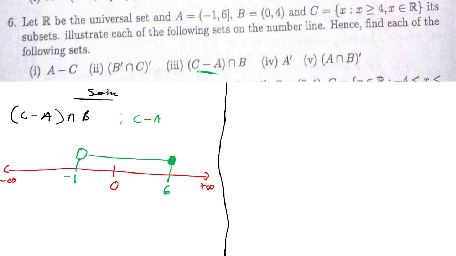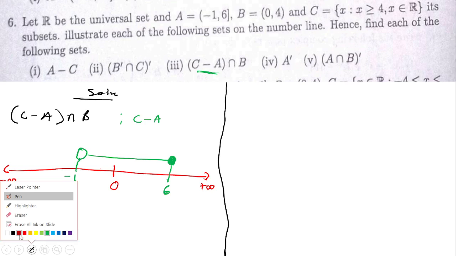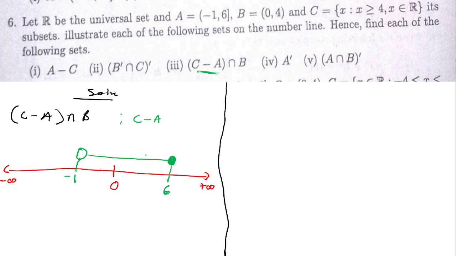And then set C, I'll also represent it on the same number line. So set C is starting from 4. I think I've explained much about representing these sets on a number line. And then this guy is shaded, and it's going this side.